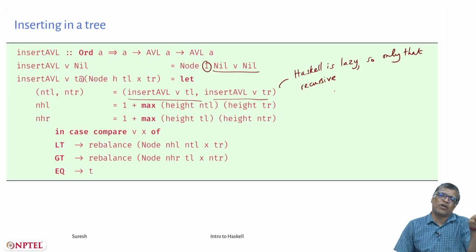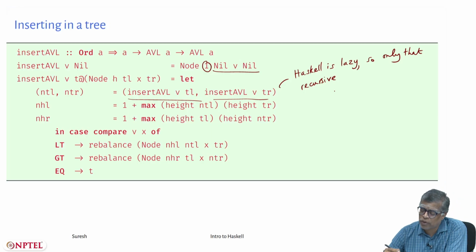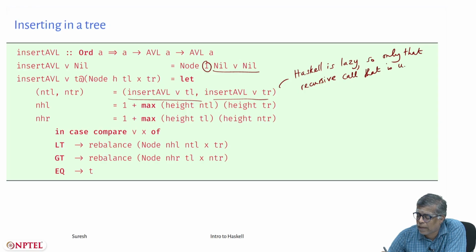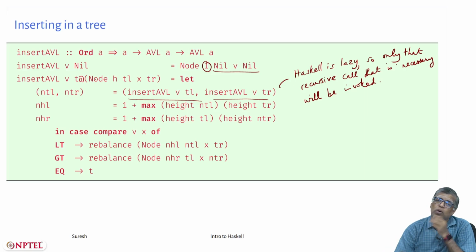NTR is inserting v into the right tree. Notice that both will not be necessary, only one of them will be necessary. But Haskell is lazy, so only that recursive call that is necessary, that is used, will be invoked. Okay, good. So this just makes it easy to program.